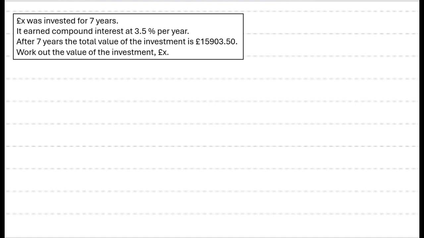Again, we start off at 100%. And since we are earning 3.5% interest, we add it on. That gives us 103.5%, and we divide it by 100 to give us 1.035, which is our multiplier.